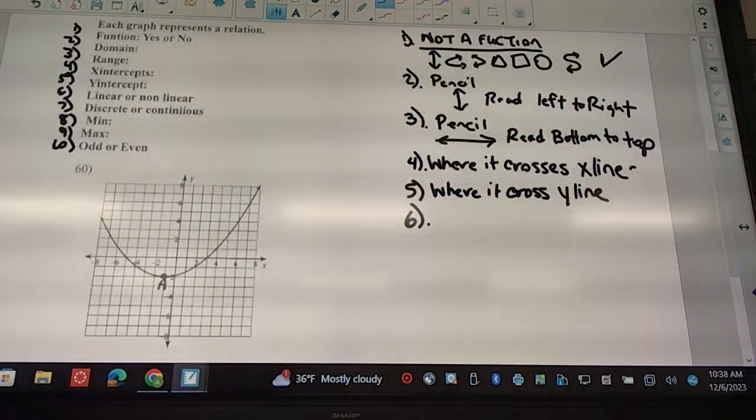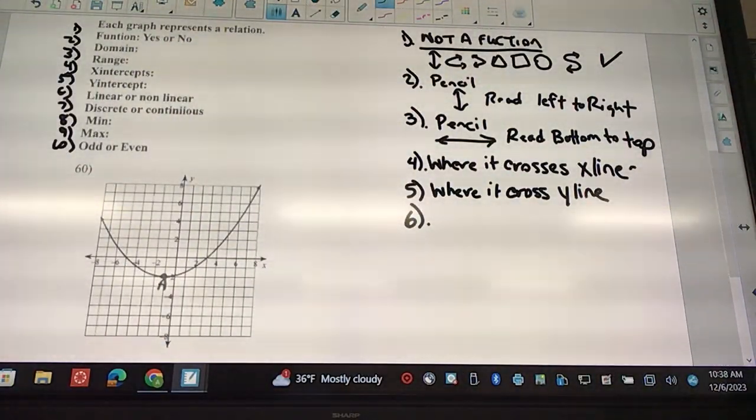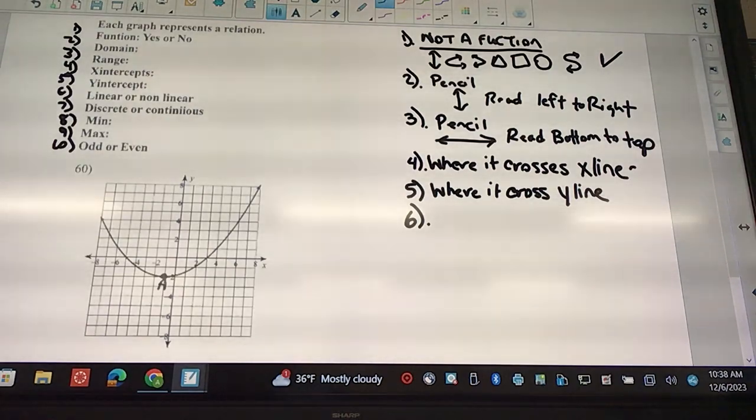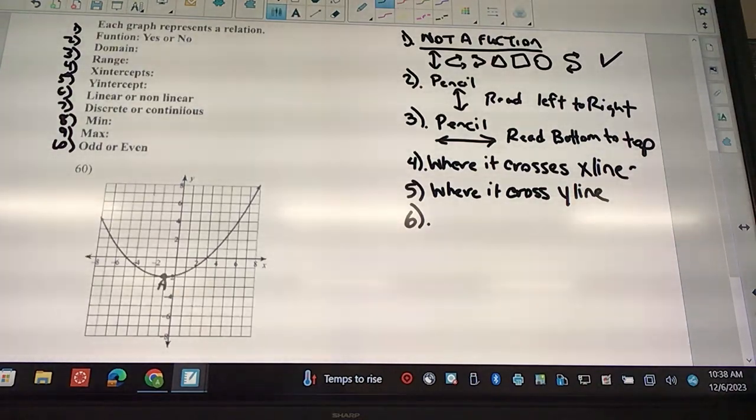Okay, number 6 says linear or non-linear. How do we know if it's linear or non-linear? It's gotta be perfectly straight to be linear. So either this way, this way, this way, but you can't have like a V. Because a V, even though this side's straight and this side's straight, that bend in it makes it non-linear.